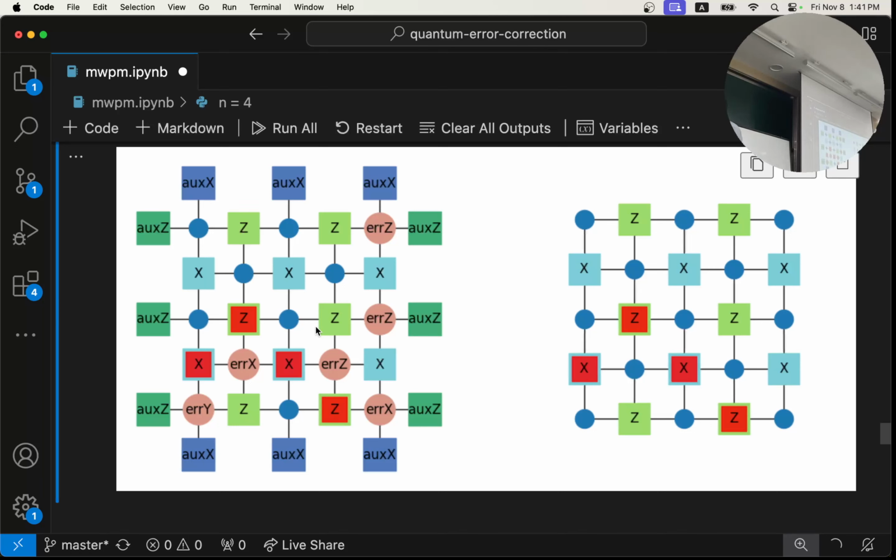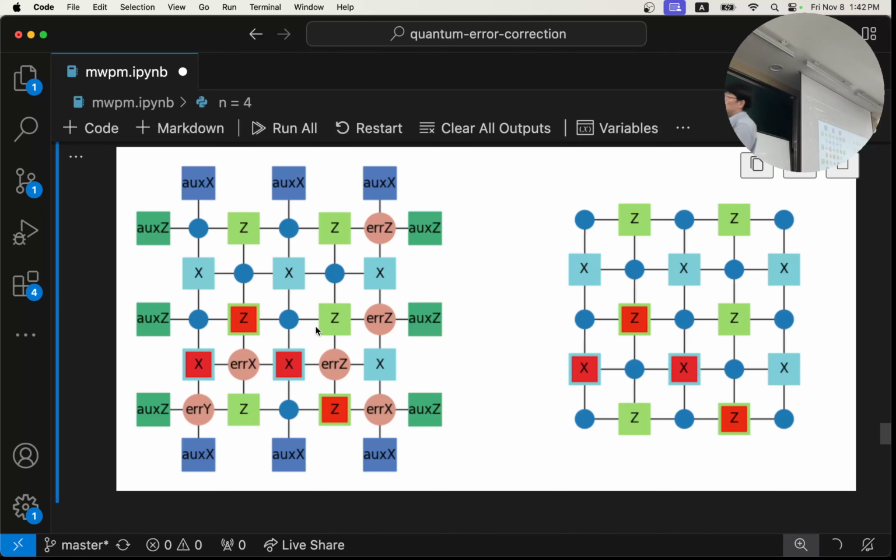Okay? We don't know where or which error occurred on the data qubit. We have to guess by looking at this result where the error occurred on these data qubits. And that might be our detection of an error.